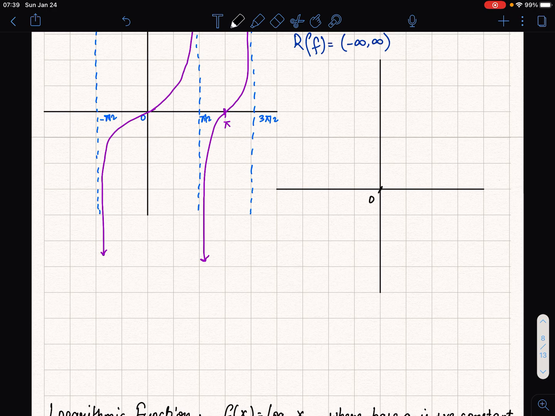So for instance, it is not defined at 0, not defined at pi, 2 pi, etc. So we draw dotted lines at these points where cotangent is not defined.